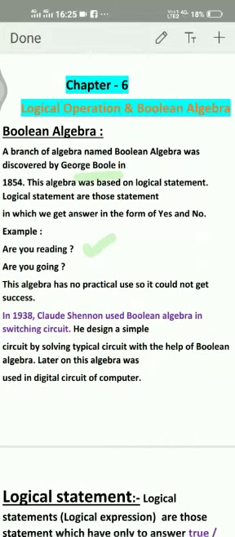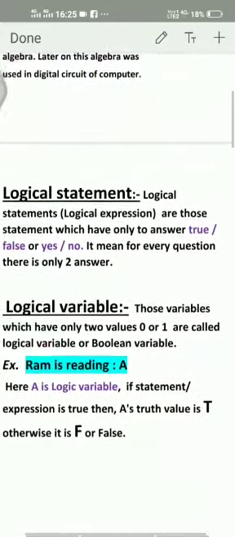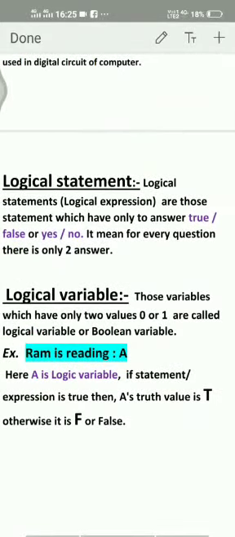Okay, now we are going to know logical statements. As I told you, logical statements, also called logical expressions, are those statements which have only two answers, that is true or false, yes or no. It means for every question there are only two answers.